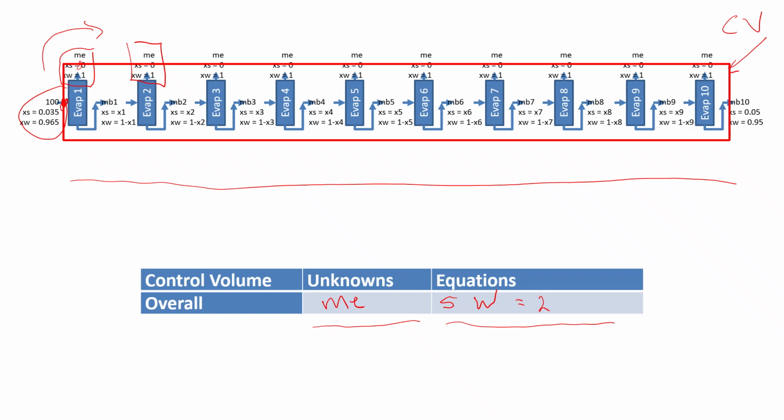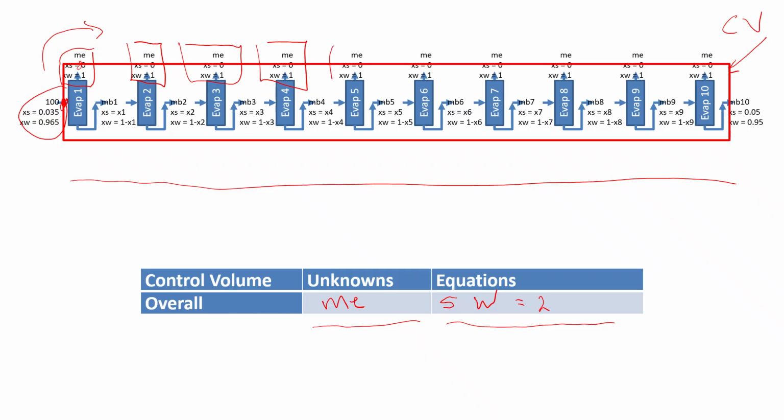Looks like this may be something that repeats itself, and we may not have a whole lot of unknowns associated with all these evaporated water streams that cross the control volume. So look, evaporator 3, only one unknown, ME, it's already in the table. Don't need to add anything. Same thing with 4. The evaporated water stream produced by 4 has only one unknown, ME, it's in the table.